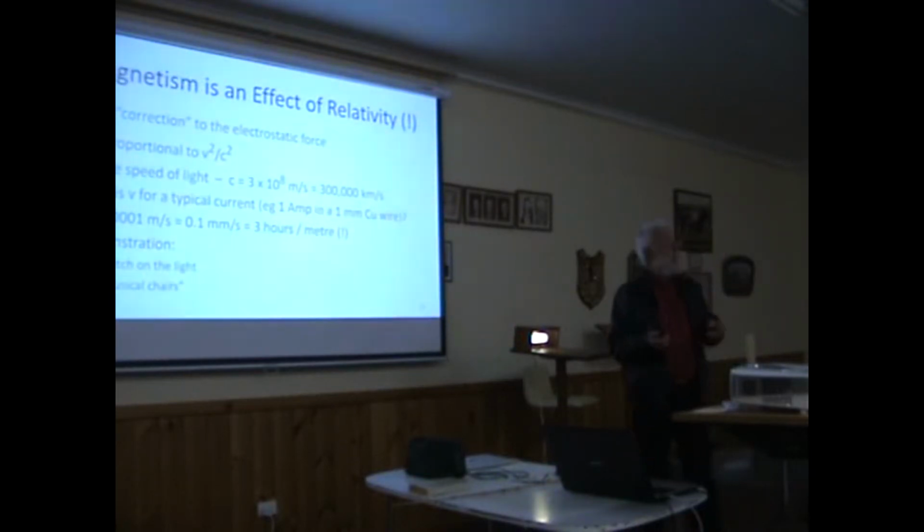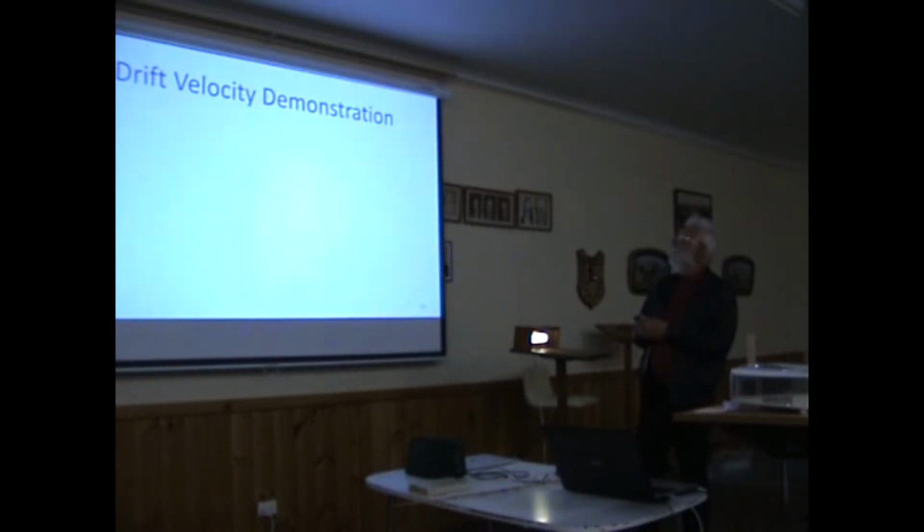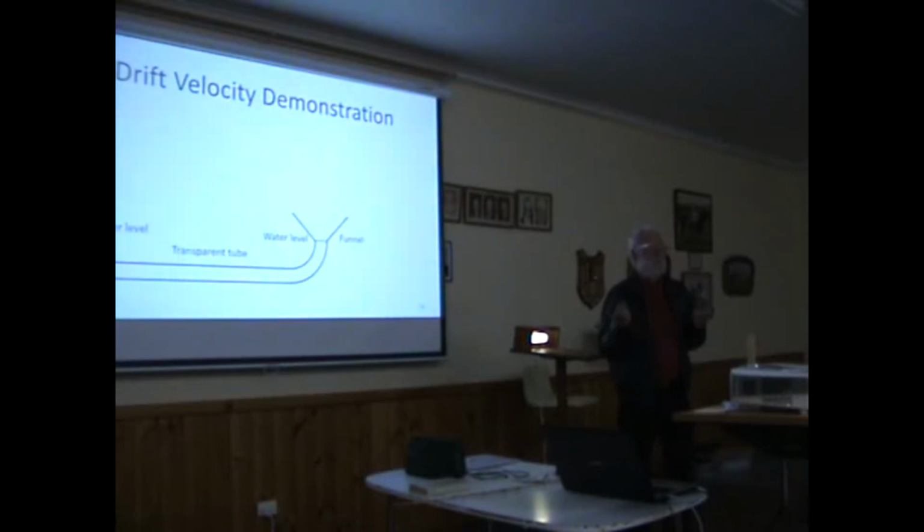Time for a demonstration. Well, the demonstration about the light switch has already happened. So now I have another demonstration which I routinely give to my students when I'm teaching them electromagnetism. What I have is a piece of clear plastic. I didn't have time to go to Bunnings. This would have been an easy demonstration to do.